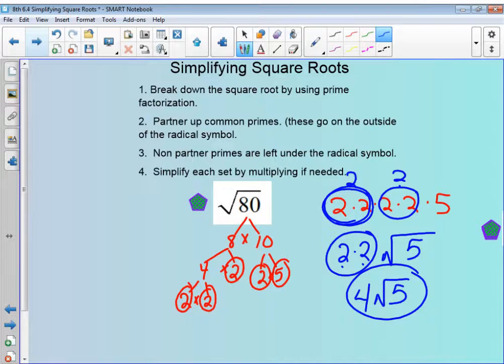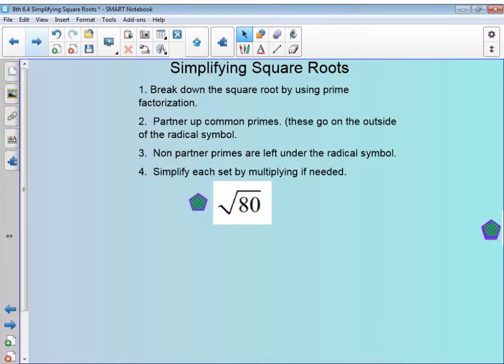To me, it just left too much room for error if somebody didn't pick the perfect set. So that's why I went ahead and chose to just do the prime factorization. It's very visual where we can find those perfect squares by doing the partner concept. Okay, this is my final answer, 4 times the square root of 5. Okay, so let's go ahead and practice another one of these.